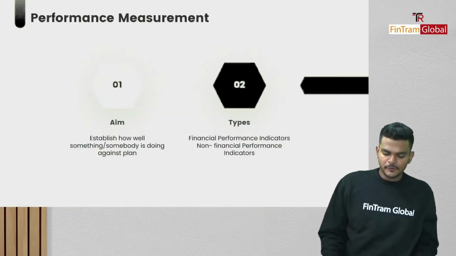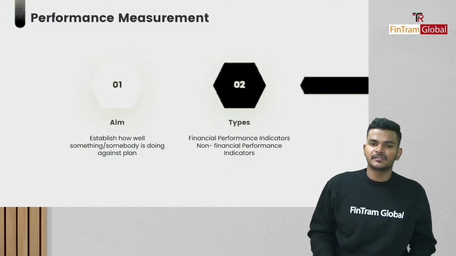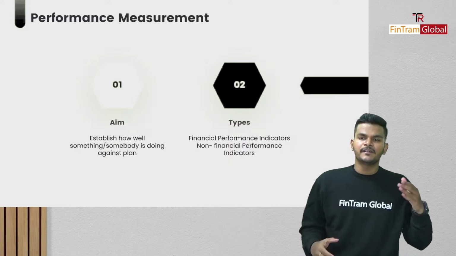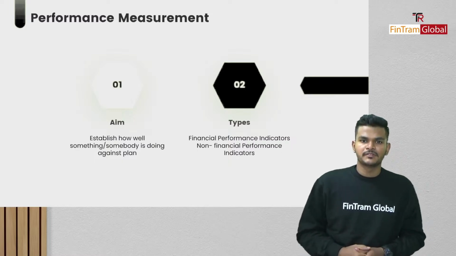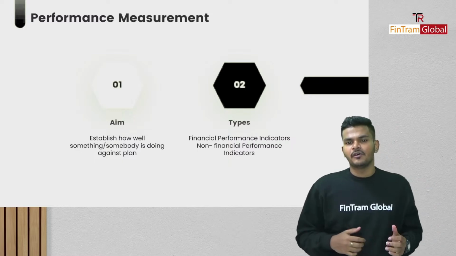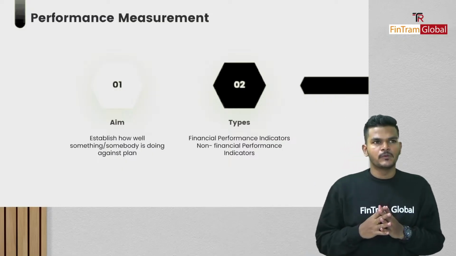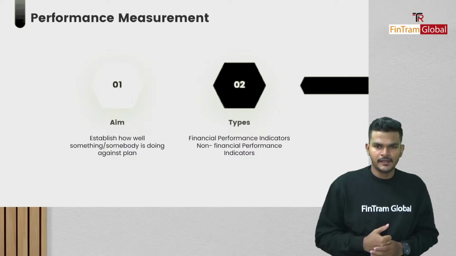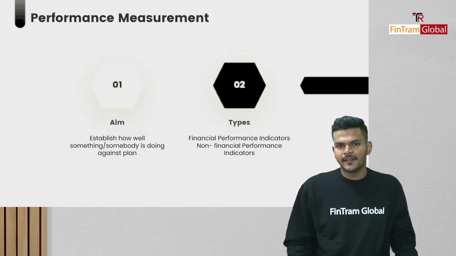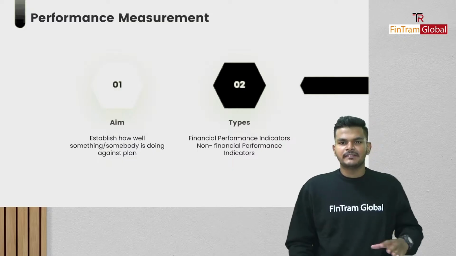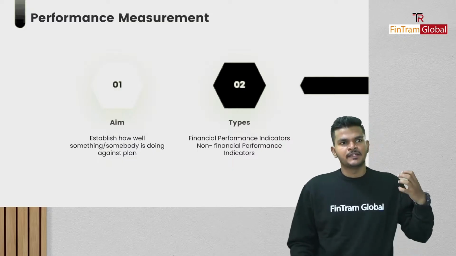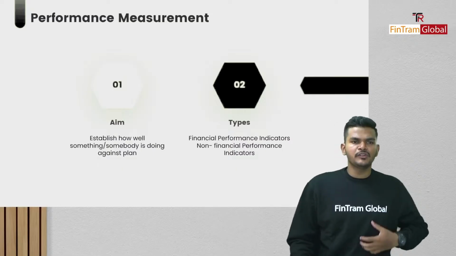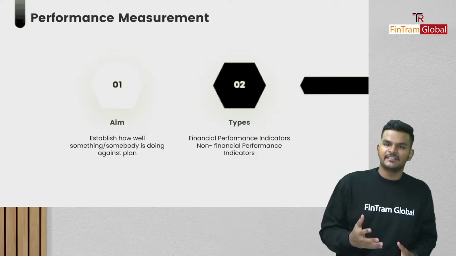The first and foremost thing we have to learn in this syllabus area is what performance measurement is and how it is different from performance management. Performance measurement is about measuring the extent to which we have achieved our objective. How is it different from performance management? Performance management is when you set an objective for the organization and then implement a strategy to achieve it.